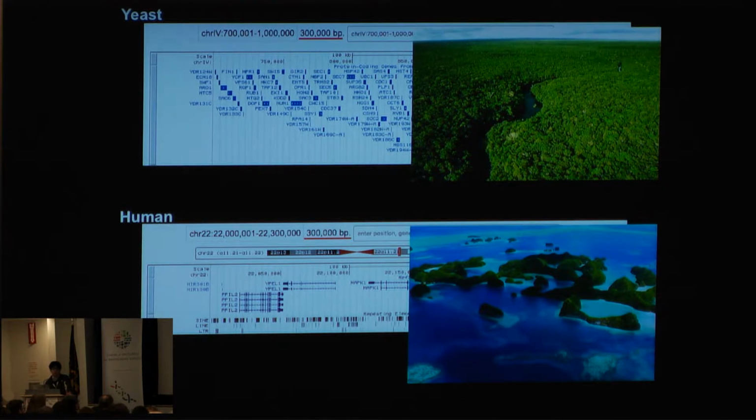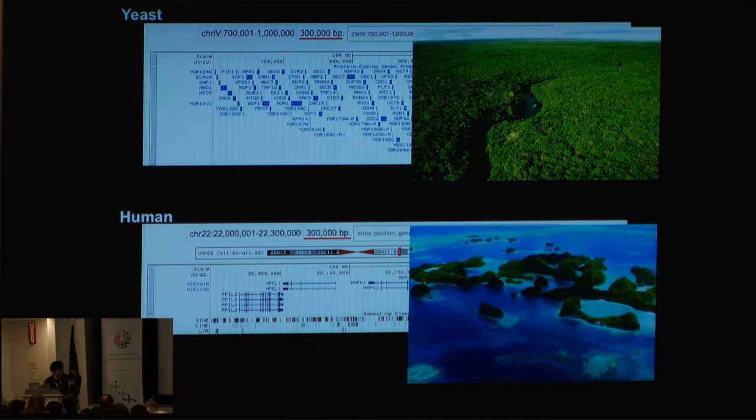I think the genome we are synthesizing right now is like this. And also, if you look at the gene structure in human, they have long introns inside. But most of the genes in yeast don't have introns. So that's the difference also. That's a big part of the difference between the yeast genome and the human genome.